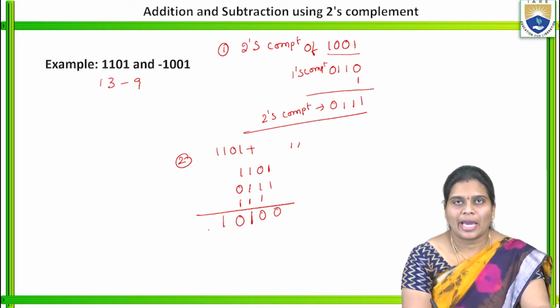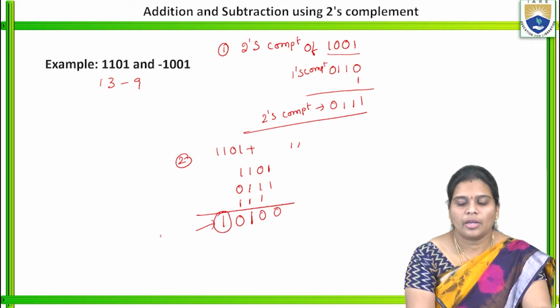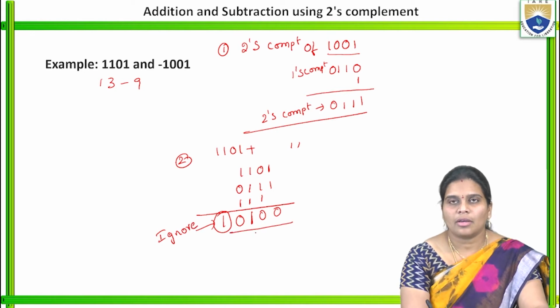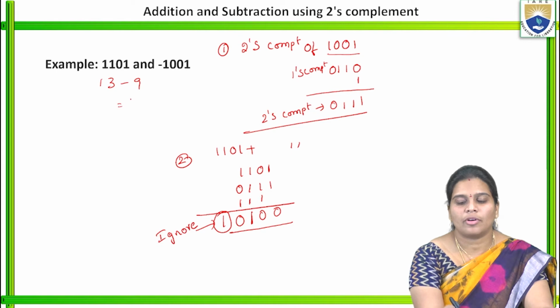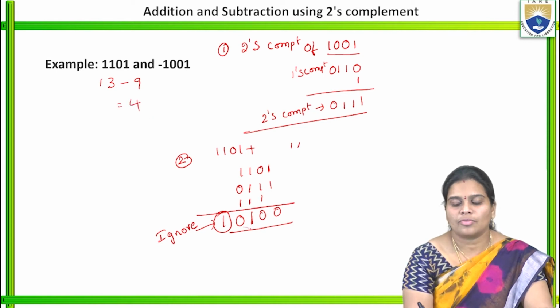Here we have a carry, so we ignore that carry. This is the final resultant value, 0100. So 13 minus 9 equals 4, and 0100 is equal to 4. In the twos complement, if we have a carry, ignore that carry and write the final answer.